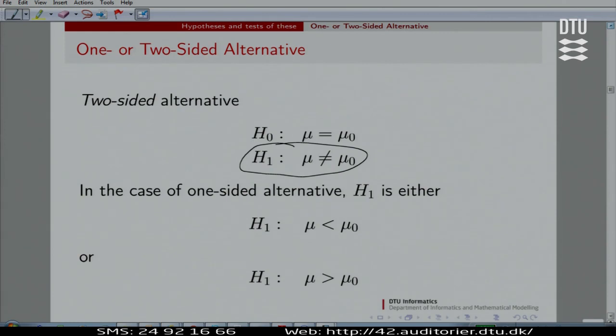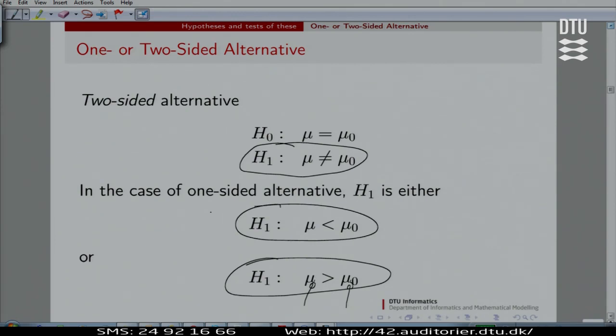Other situations call for a one-sided alternative, like my computer screen example that I'm going to get back to. It could be like this, where you would want to prove that the true mu is larger. It could turn the other way around, depending on the situation at hand. It's just to say that all three situations occur.